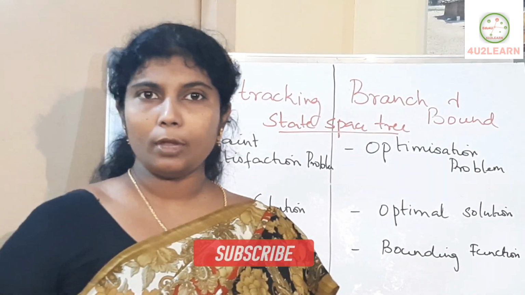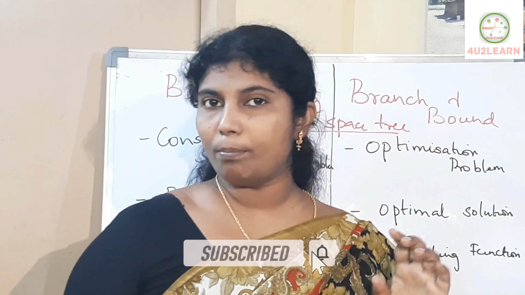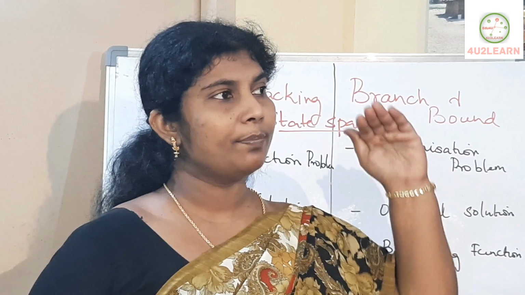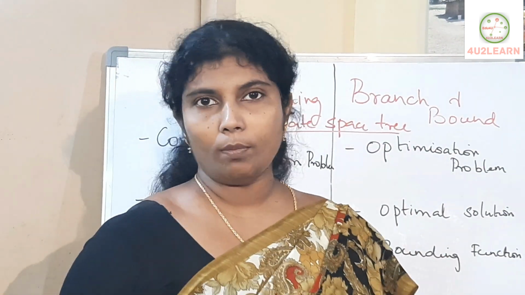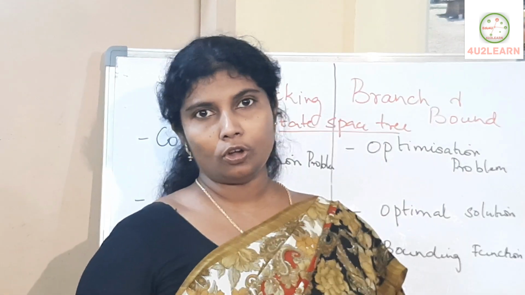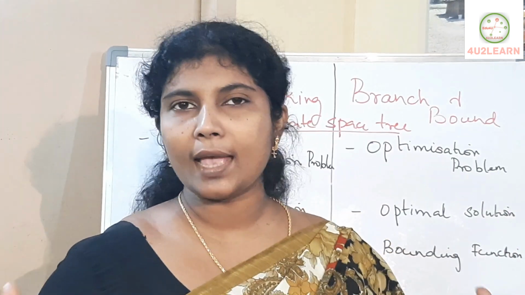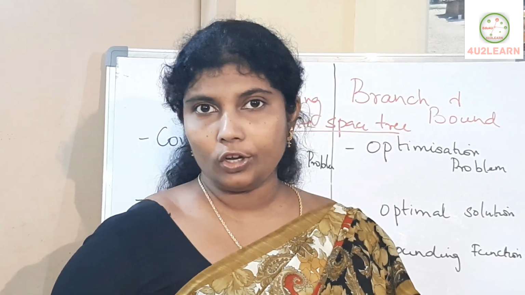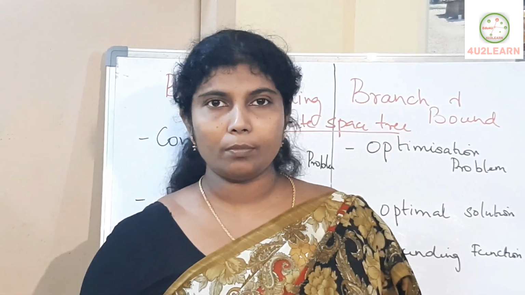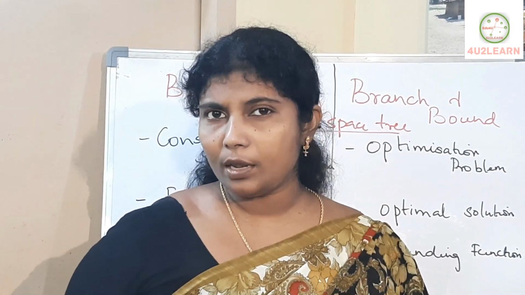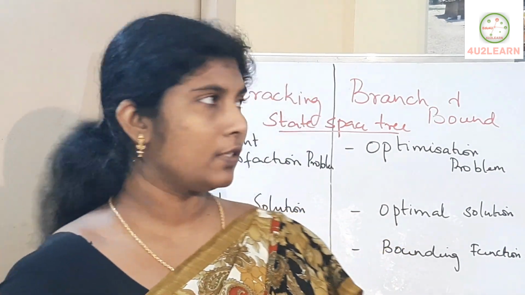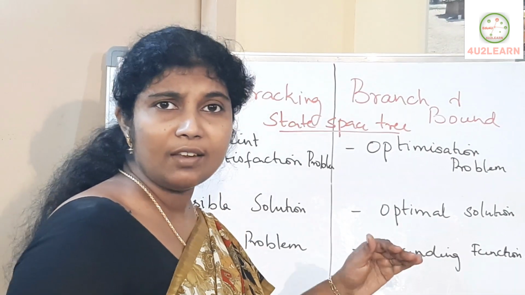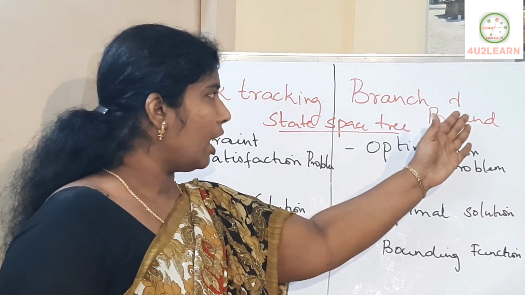Very important in branch and bound is the bounding factor, whether it is an upper bound or a lower bound. The upper bound talks about maximization, the maximum profit. And the lower bound is in terms of minimization, the minimum distance or the minimum cost. That is the bounding function which has influence over branch and bound.